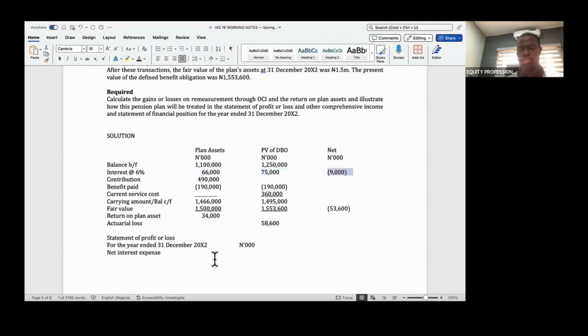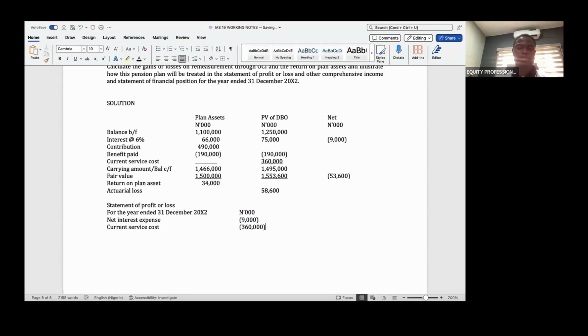So it's a net interest expense, and we have it here as 9,000. Contribution, no. Benefit, no. Then we have current service cost. How much is it? 360. I'm putting them in brackets just to show that they are expenses. And that's it for that.